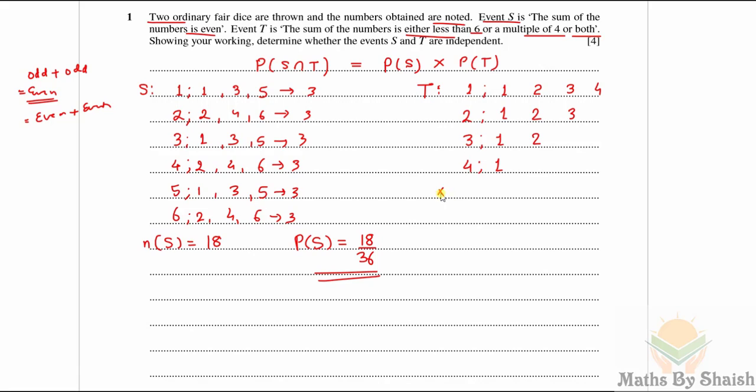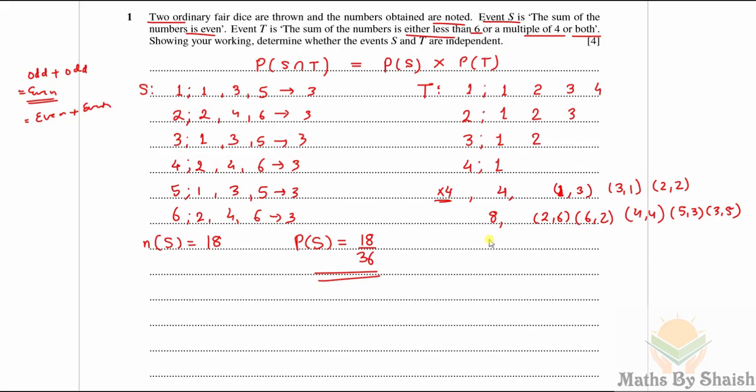And for multiples of 4, the first possibility is 4 itself. So for 4, if 1 is coming, the other is 3, so 1 plus 3 is 4, or 3 plus 1, again it is 4, or 2 plus 2, that is 4. The next is 4 twos are 8, so multiples of 4 include 8 also. For 8 it is 2 plus 6, 6 plus 2, 4 plus 4, 5 plus 3, and 3 plus 5.